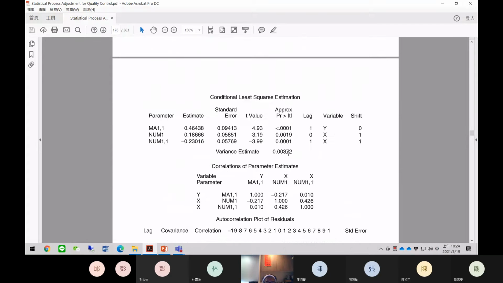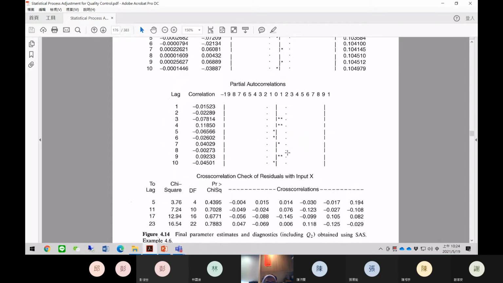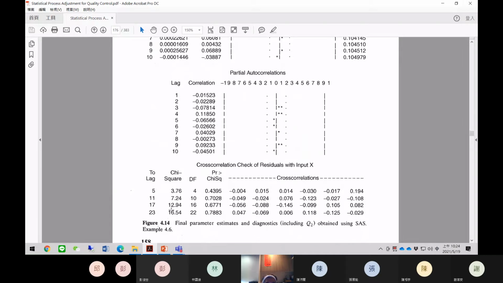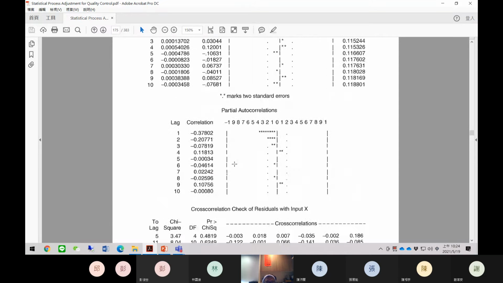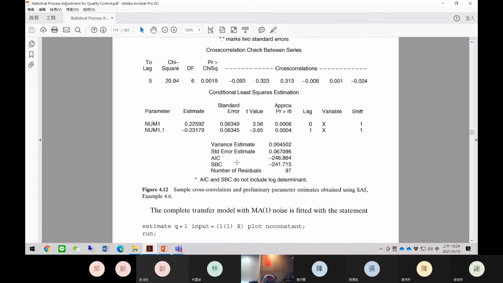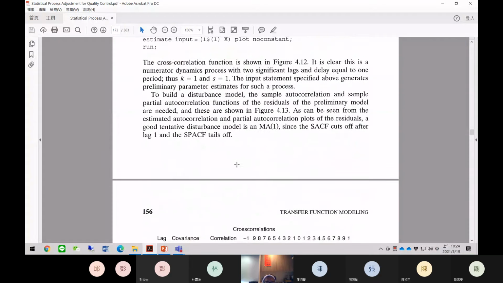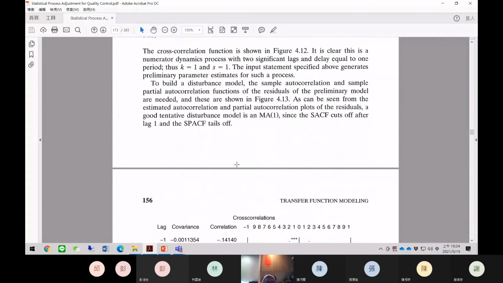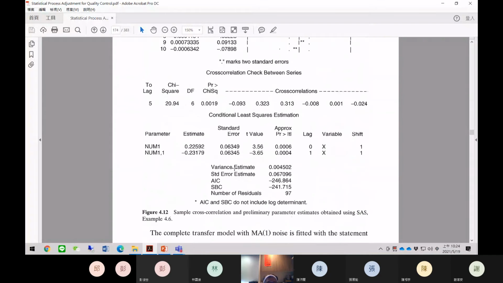Q1, let me see that. Hold on. Lag 23, 16.24. Degree 23. Hold on, I need to find that. Let me see that. Q2.